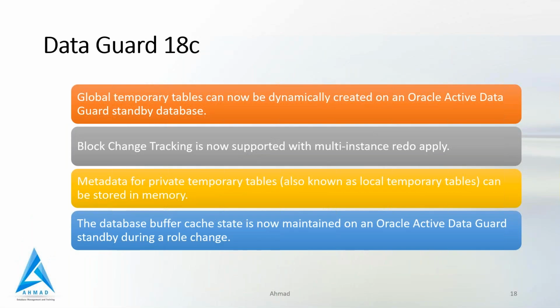Now in 18C, it introduced that global temporary tables can now be dynamically created on an Oracle Active Data Guard standby database. Block change tracking is supported with multi-instance redo apply, metadata for private temporary tables can be stored in memory, and the database buffer cache state is now maintained in the Oracle Active Data Guard standby during a role change.